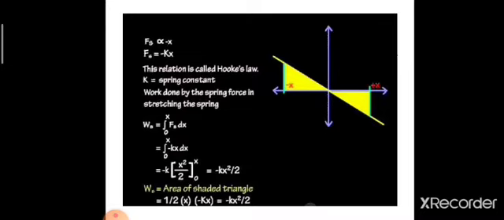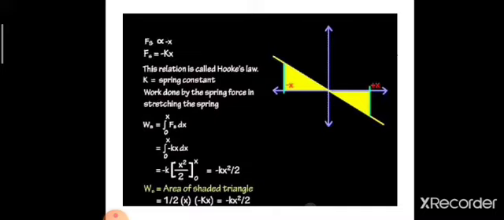Let us now discuss the work done to stretch or compress the spring. Work done can be written as the integral from 0 to x of F_s dx, if the spring is elongated from the equilibrium position to a position x. Substituting for F_s, we get W = integral from 0 to x of -kx dx.